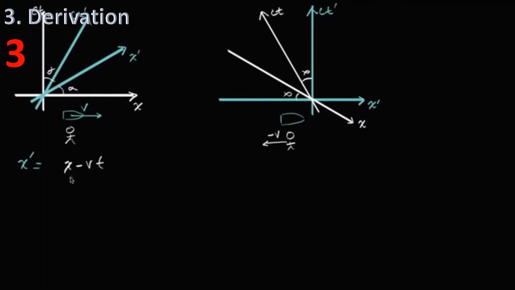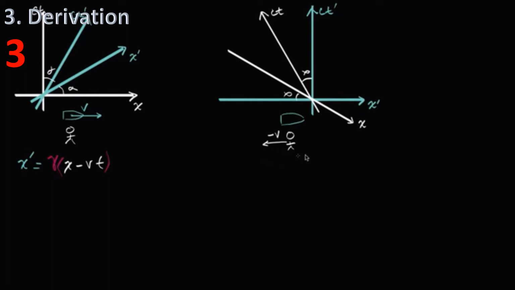And so we had to let go of the constraints that time and space are absolute. And so there's going to be some type of scaling factor involved. And so we can call that scaling factor gamma. So we could say, all right, let's just postulate that x prime, if we assume the speed of light is absolute, is going to be some scaling factor gamma times x minus vt.